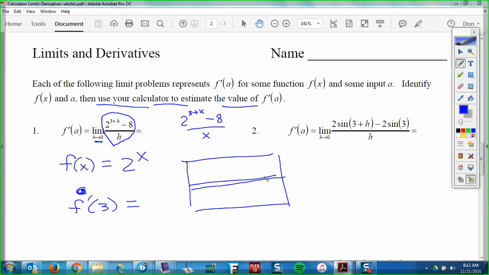I want you to get real comfortable with that. But the difference is every one of them on this side look like this. They look like the definition, right? They're all special limits that have been purposely set up to represent derivatives. All right, so you got the rest of the time to work on it.